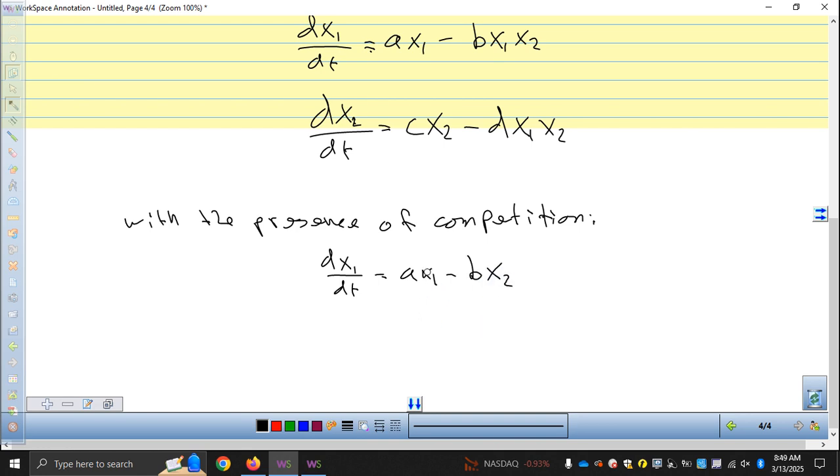Just the presence of the competition is bad for the population of the other one. So two different competition models there: one where we have an interaction between the two, and one just the presence of one or the other. And this model would actually be a linear model. This model is nonlinear because of these multiplied terms here.